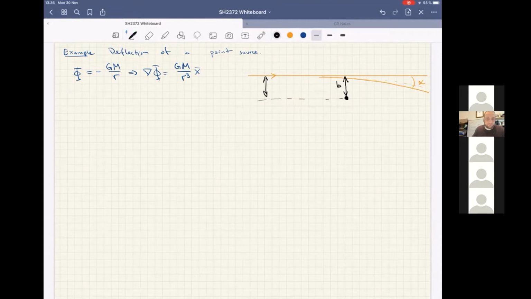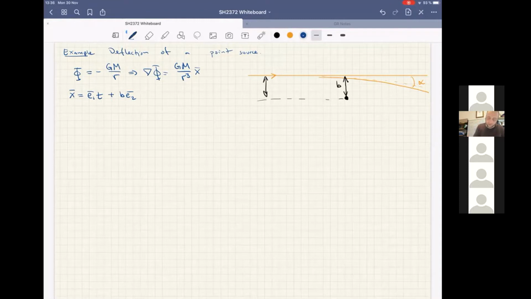What do we have? Our zeroth order approximation here would be that x would be equal to e1 t plus b e2, right? So this would be our zeroth order approximation.